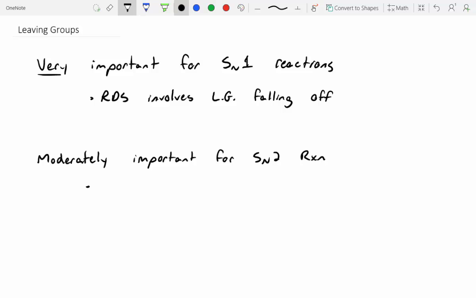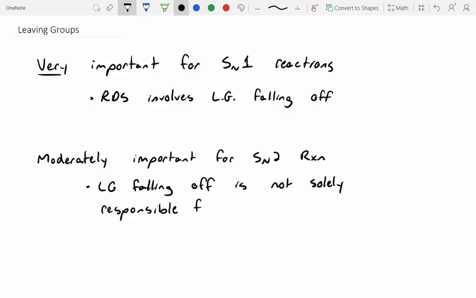So we'll say leaving group falling off is not solely responsible for the rate determining step. The nucleophile matters.